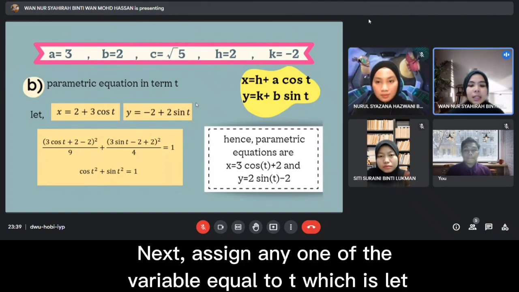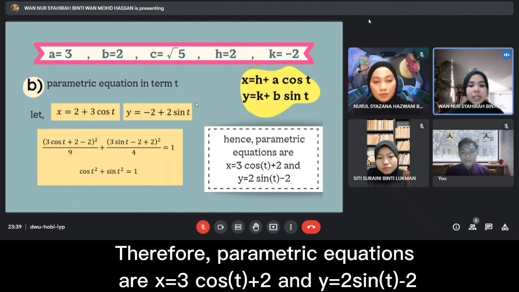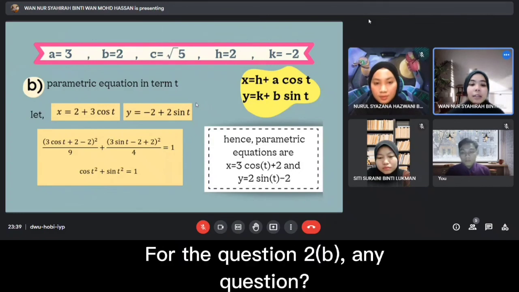Next, assign one of the variables equal to t, so we let x equal 2 plus 3 cos t and y equal -2 plus 2 sin t. Therefore, the parametric equations are x equals 3 cos t plus 2 and y equals 2 sin t minus 2. Okay, from question 2b, any question?